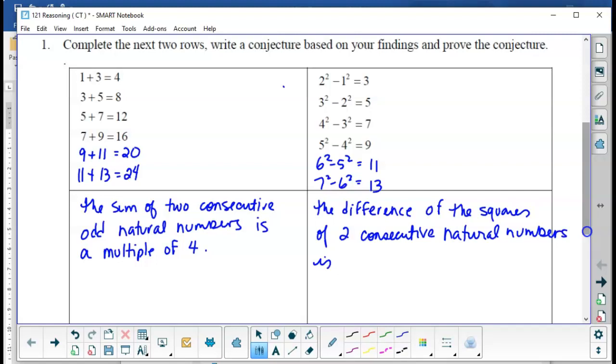These are all odd numbers. Is there anything specific about them? Well, 7 and 6 is 13, 6 and 5 is 11. So actually, the result is the difference of the two squares is the sum of the two natural numbers.